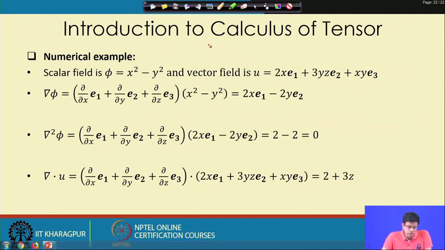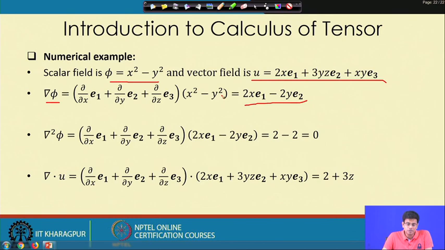Now, for instance, if I define a scalar field of this form and a vector field of this form, then what does del phi mean? Del phi is essentially this del operator, or the nabla operator, acting on x square minus y square. If I take it inside, it is just the derivative with respect to x and just the derivative with respect to y.